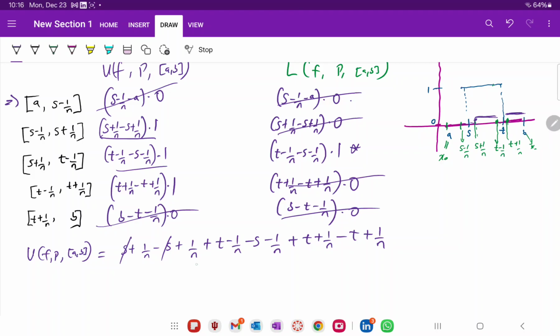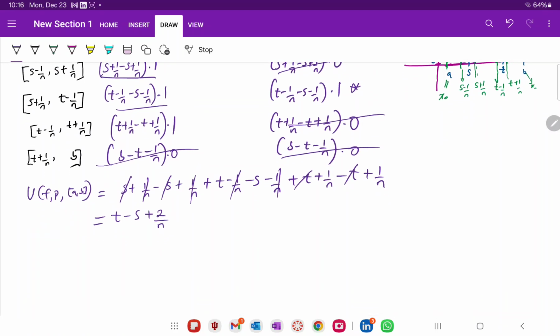This is gone, this gone, this gone. Then what do you have left? We have t minus x, plus 2 over n.